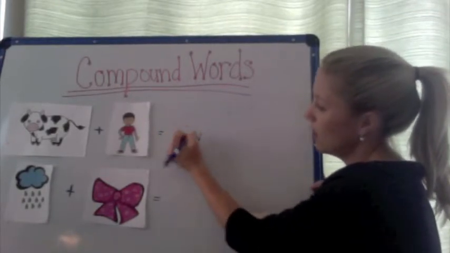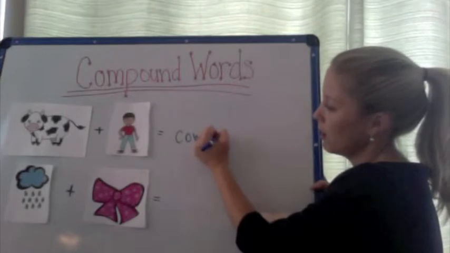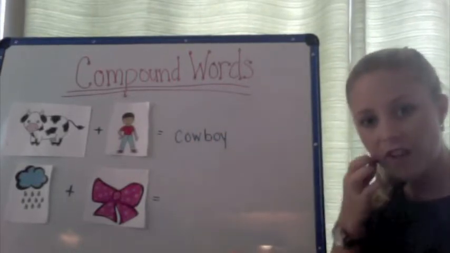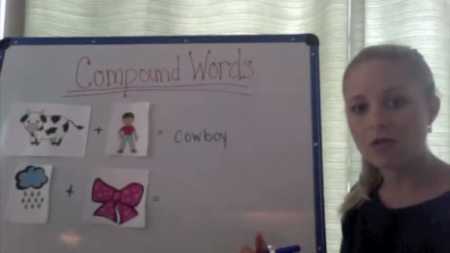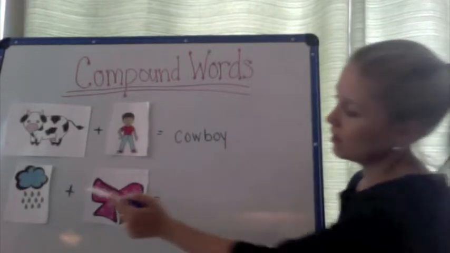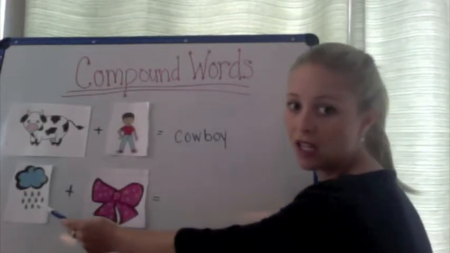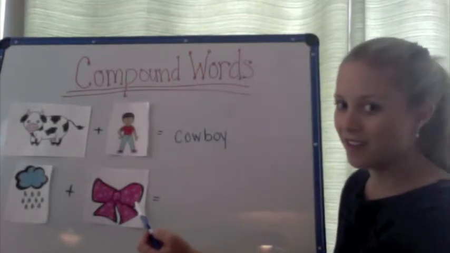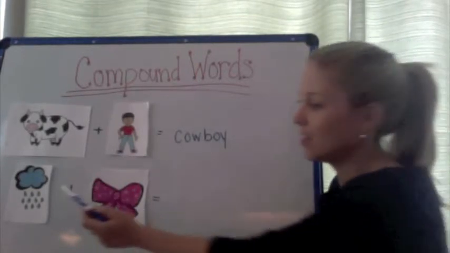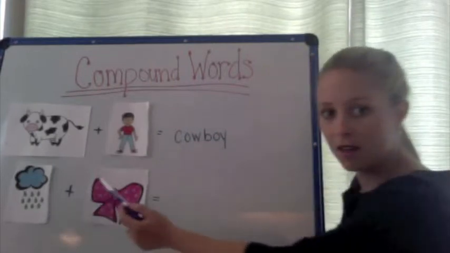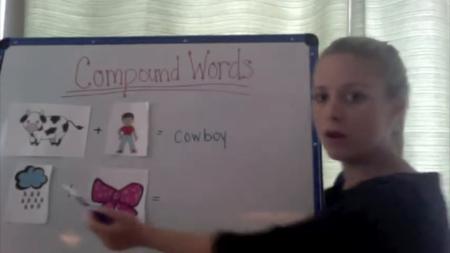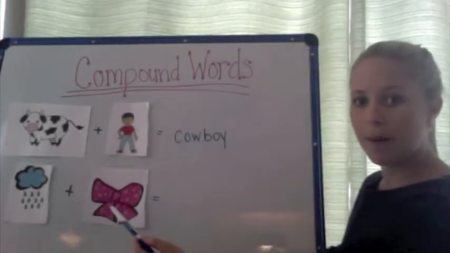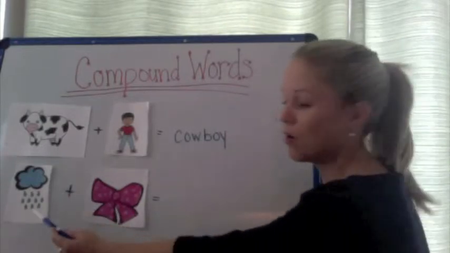Very good. Now let's do the next one. Do you think that it could be storm, ribbon? No. Gotta think again. Maybe rain and a bow. Rain, bow. Say it together.